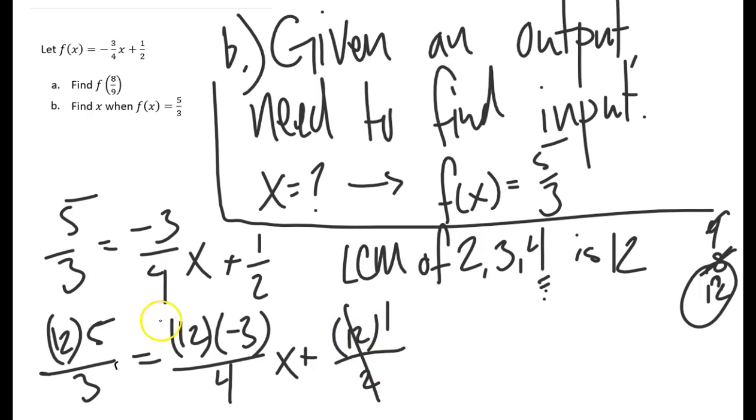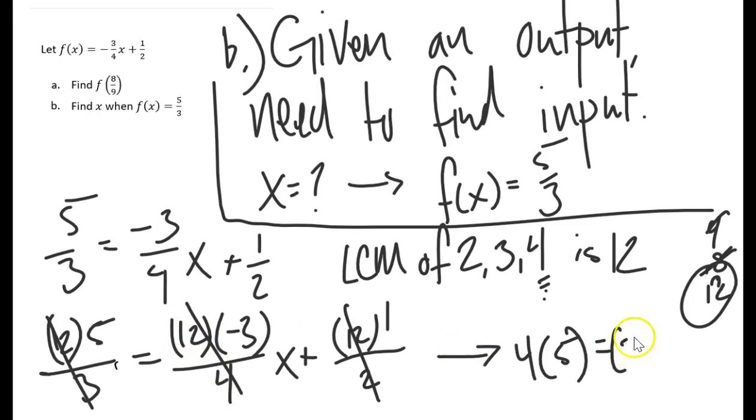And again, it's these numbers that I'm trying to get to cancel. 12 over 3 is going to give me 4. 5 stays there. 12 over 4 is 3 times the negative 3 that's there already. And there's an x, plus 12 over 2, which gives me 6.